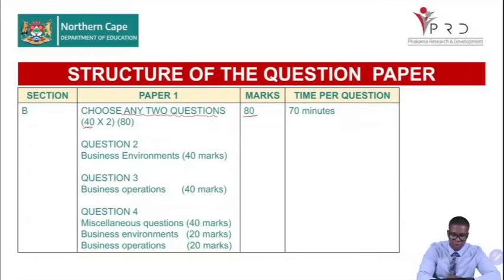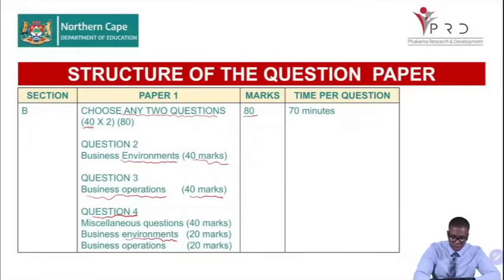So when we say 40 times 2, the total mark is 80. Question 2 will assess business environment subtopics, whereas question 3 will assess business operations subtopics, and they will be allocated 40 marks, 40 marks. And then you also have question 4, which assesses what?